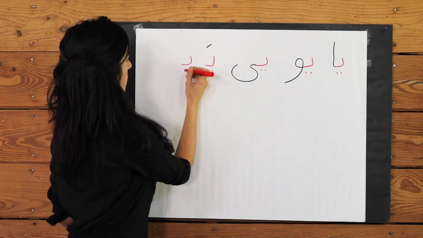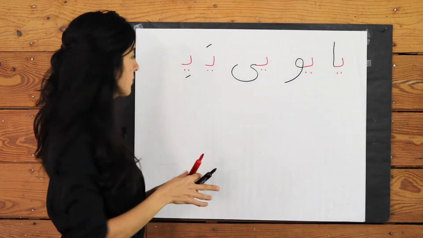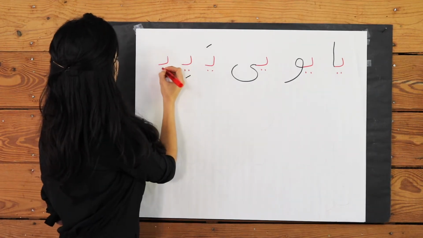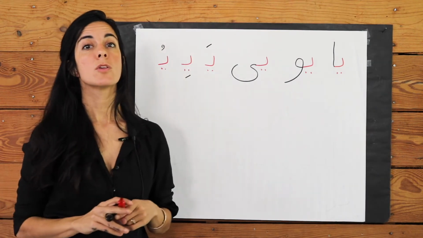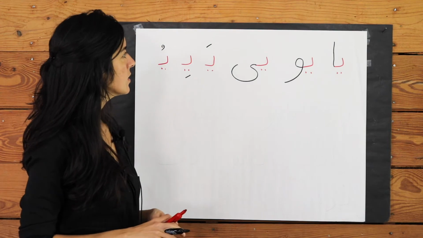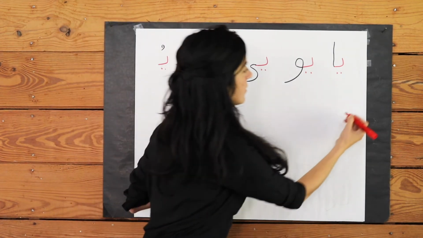A Y with an E becomes ye. And a Y with an O becomes yo. So now let's go over some words that we can make with these combinations.